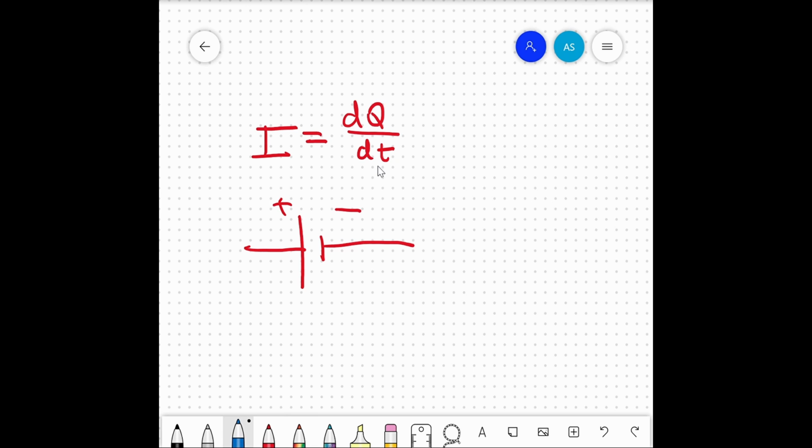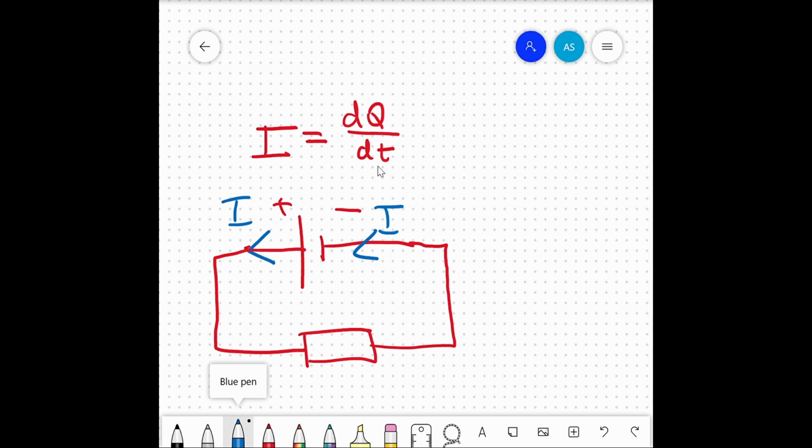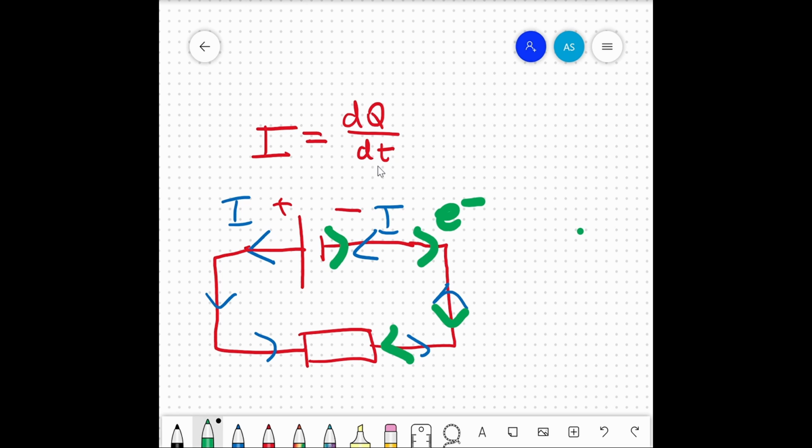So it would flow this way and come back here. But what's really happening is that electrons are flowing out from the negative terminal, right? This is the flow of electrons that are flowing out of the negative terminal and into the positive terminal of the battery. Confusing, isn't it?